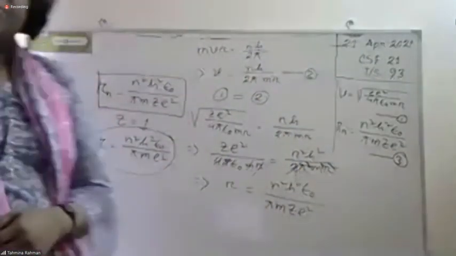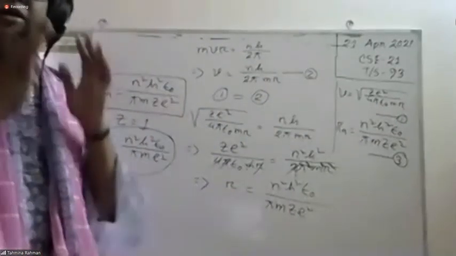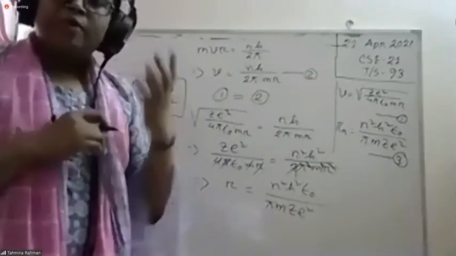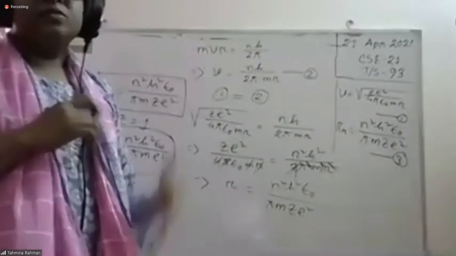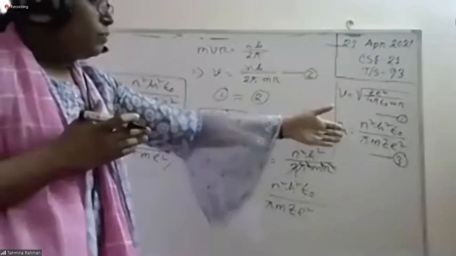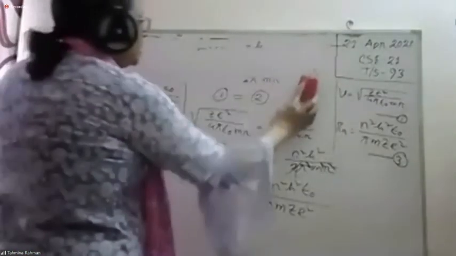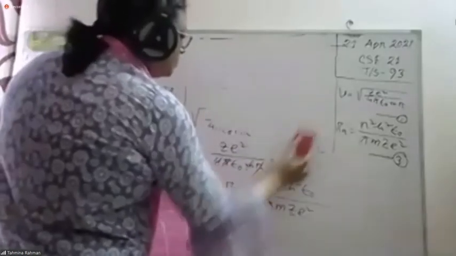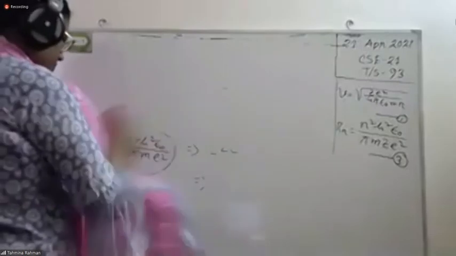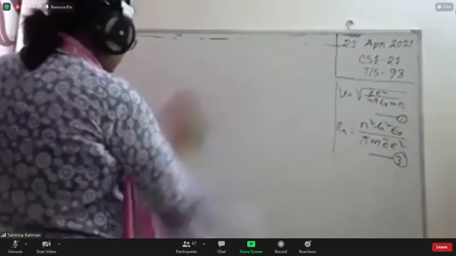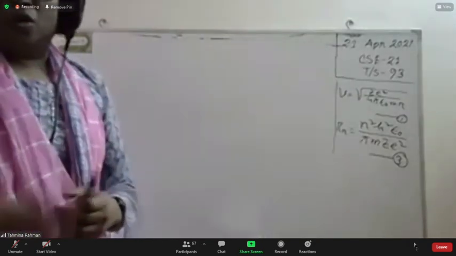You must remember this equation because you may get only the math, not the derivation. So in that case, you have to memorize the equation. You got this part? Okay.